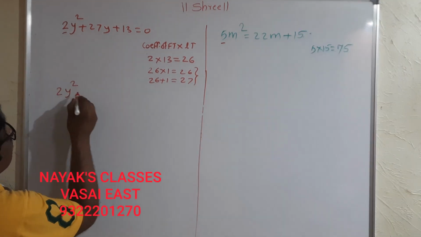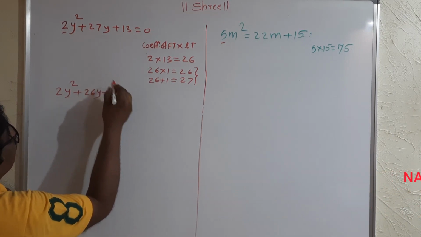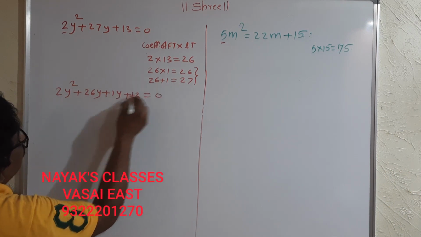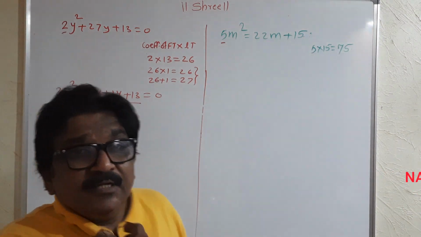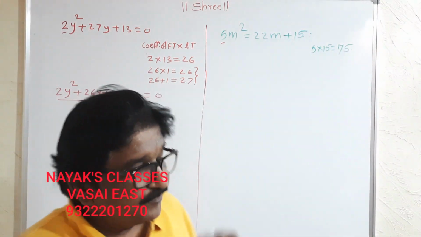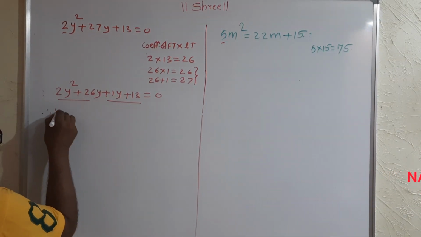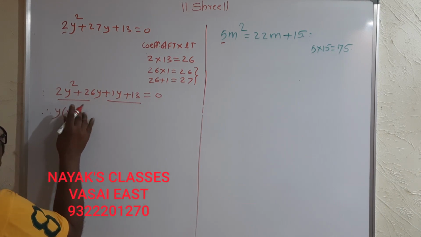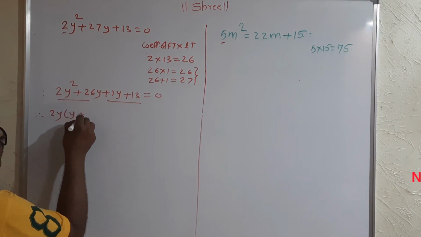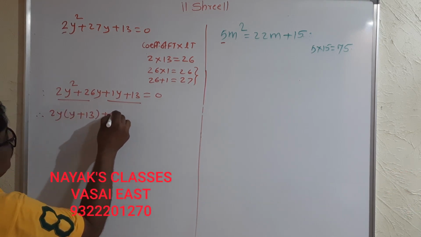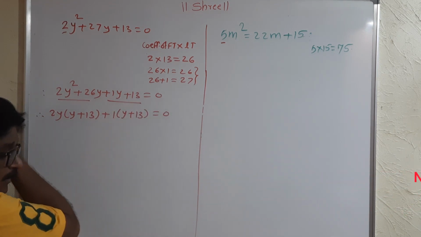So 2y square plus 26y plus 1y plus 13 is equal to 0. So this method is called first term into last term. Taking out the common, 2y into bracket y plus 13 plus 1 into bracket y plus 13 is equal to 0.